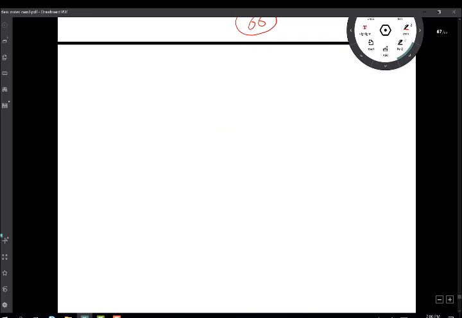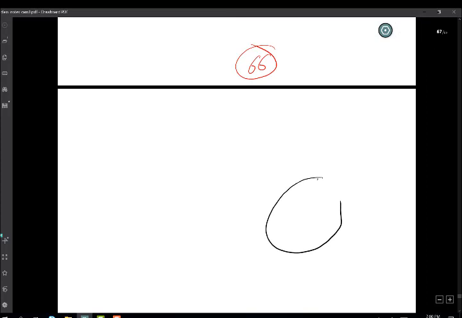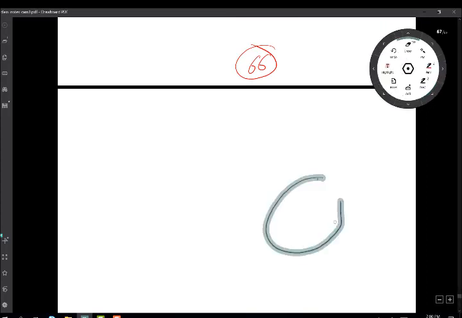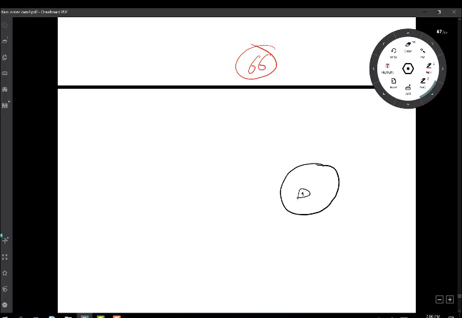Let's do another example. Let's say I have a cam such as this one. Here I have a cam, pivoted here, and there is a follower, and the follower has a roller connected here.